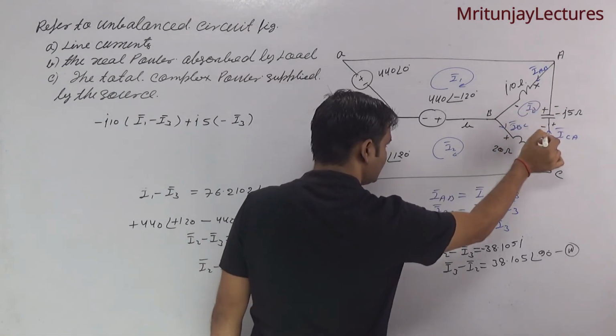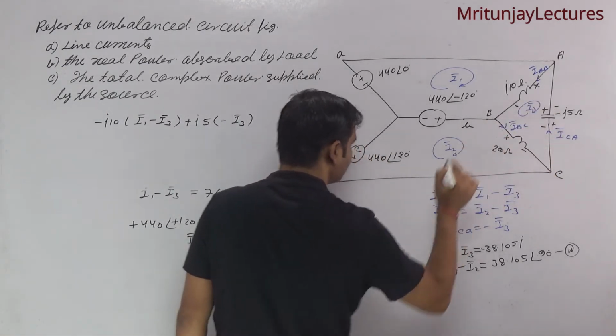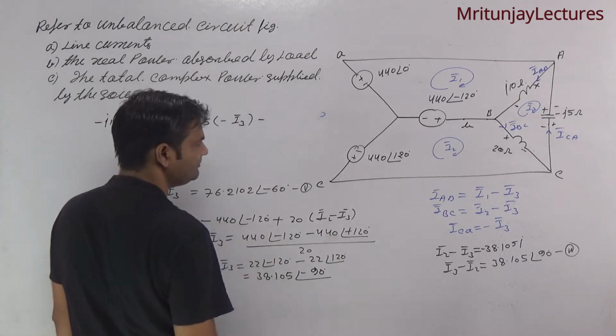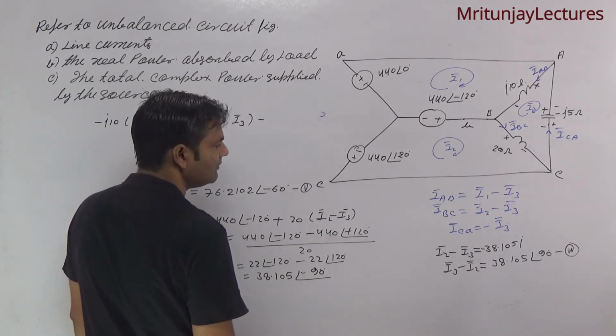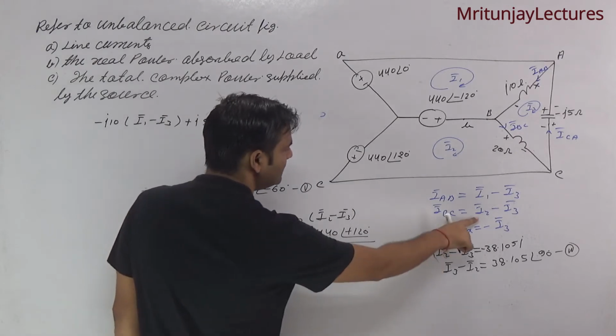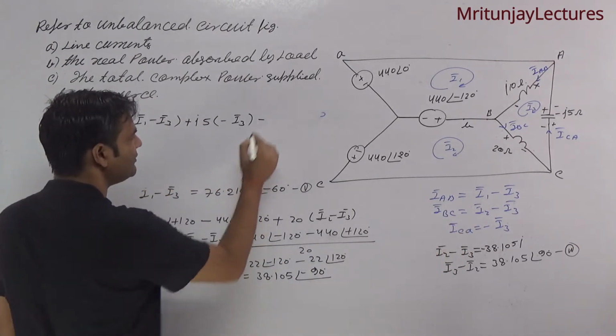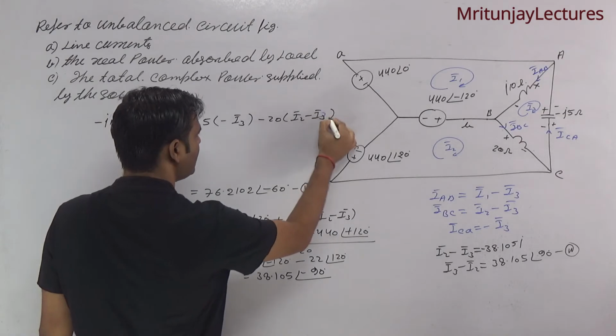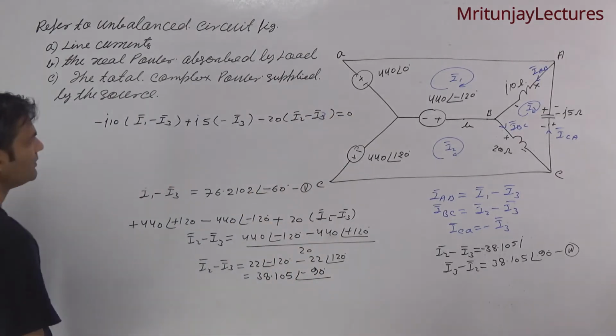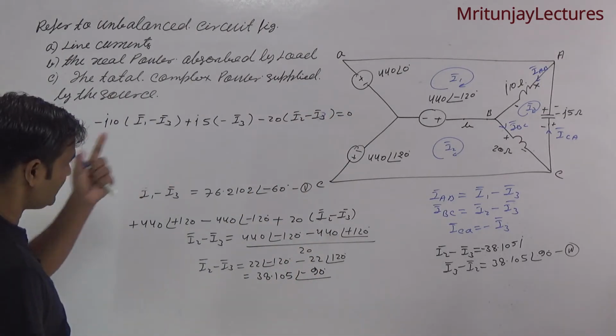From here to here, after that from here to here, that is negative 20 into I2 minus I3, this will equal 0. Okay, first of all recheck again.